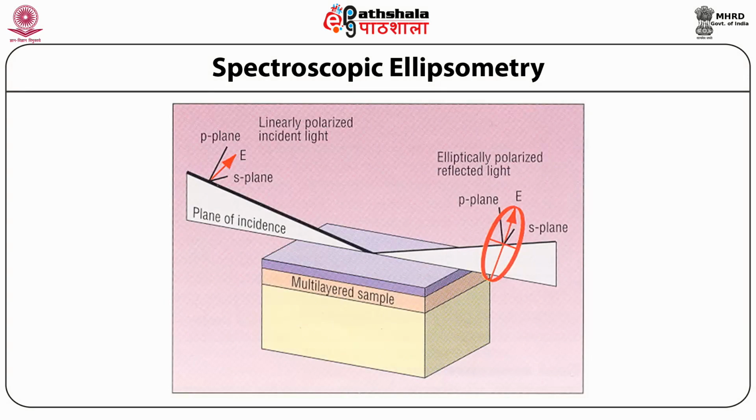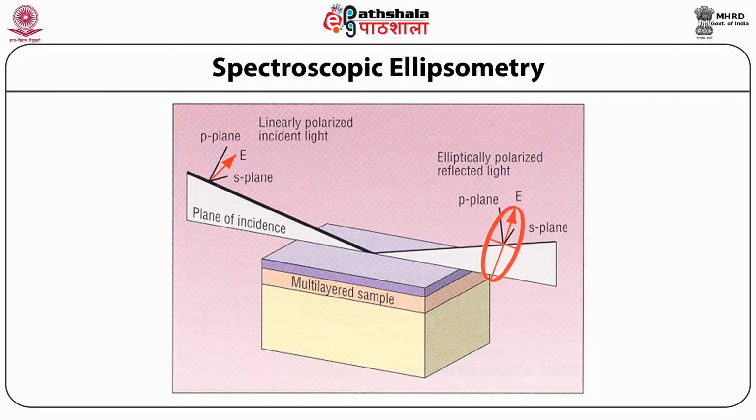Let us now discuss another spectroscopic technique, that is spectroscopic ellipsometry. Ellipsometry is generally a non-invasive, non-destructive measurement technique to obtain the optical properties of a sample material by means of the reflected light waves.